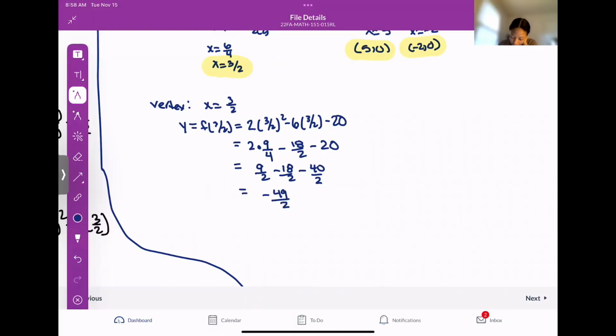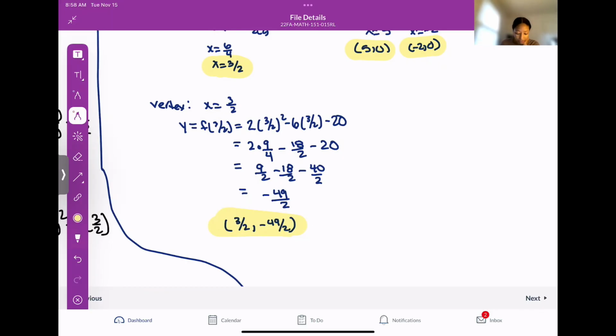So our vertex is (3/2, -49/2), a little bit less than negative 20, or a little bit more than negative 25.